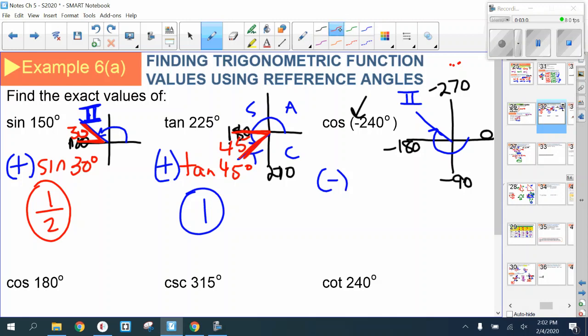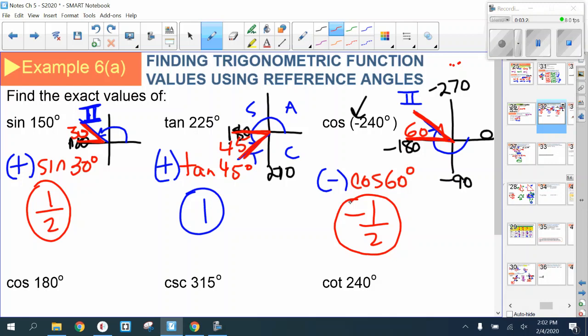So we look for a reference angle. Reference angle is how far away from 180 are we? Or in this case, negative, I guess. Negative 240 is 60 degrees away from negative 180. And so essentially, I'm just looking at negative cosine 60. So you look at the chart and find that cosine 60 is 1/2. You see that negative, you know it's going to be negative 1/2.